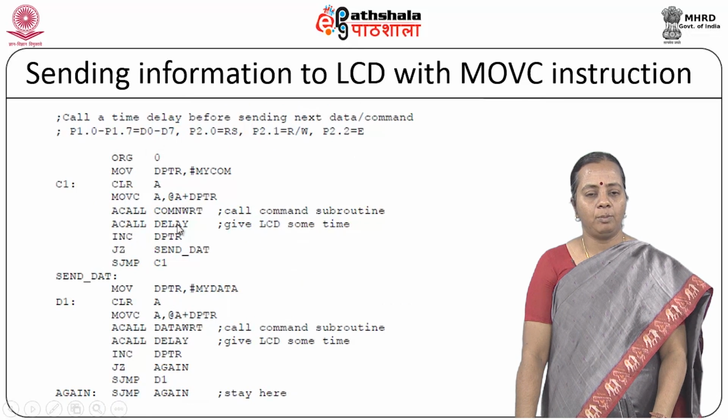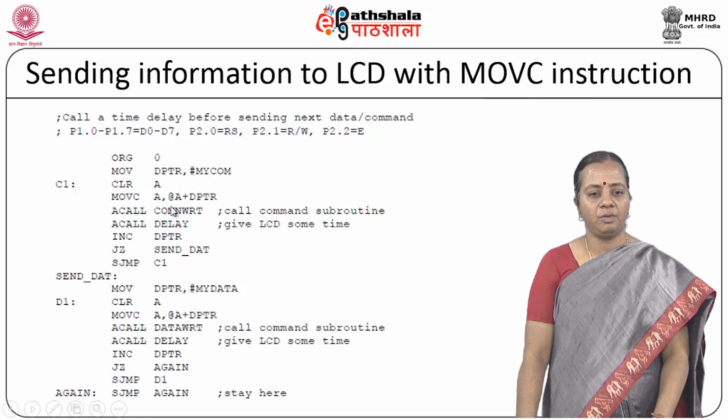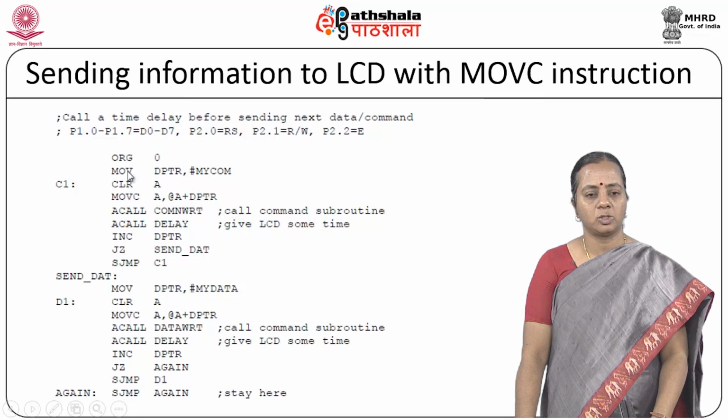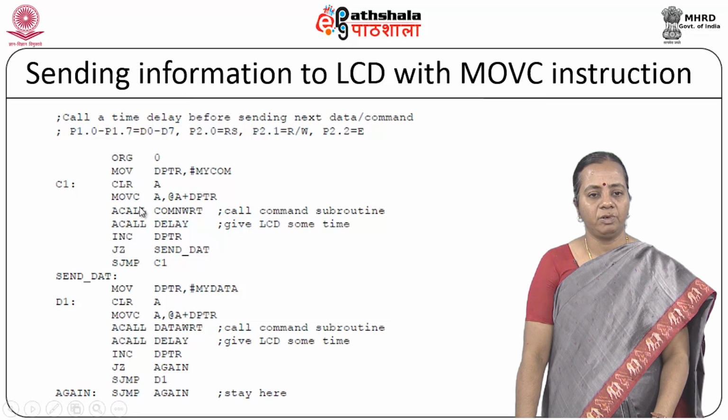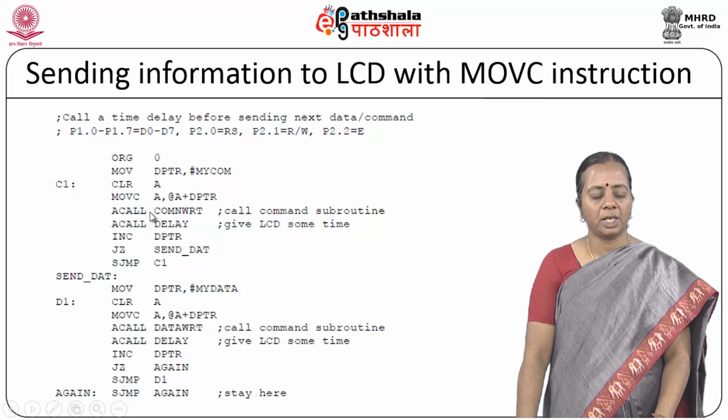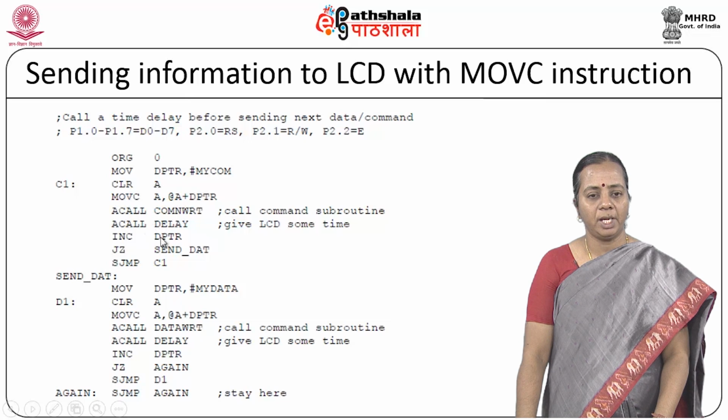That way I am reading all the command lines, each and every command, from my external memory by incrementing dptr and move C A comma at A plus dptr. That way I am reading all the information, and it has been burnt into my LCD, so that the LCD is getting ready to receive it.